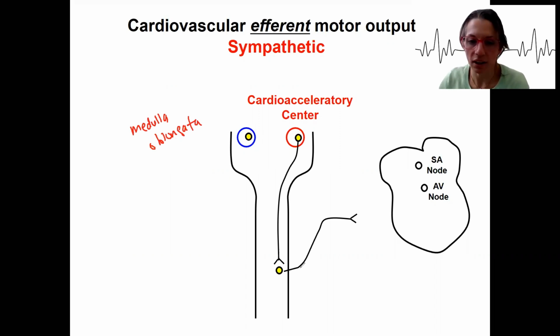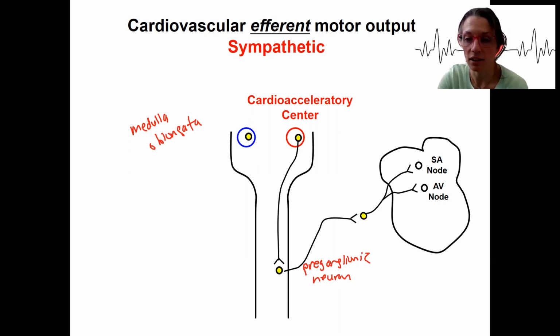This is our pre-ganglionic neuron. And then we're going to have a post-ganglionic neuron as well. So the ganglia is in that sympathetic chain ganglia, farther away from the effector organ. SA node and AV node are being contacted by these final neurons here.